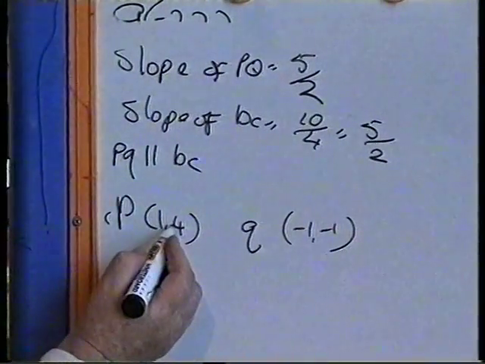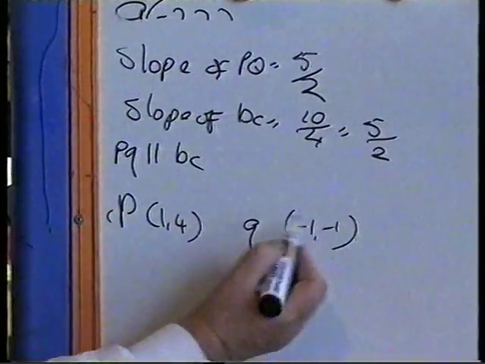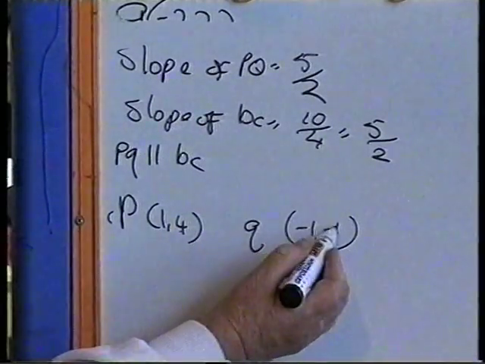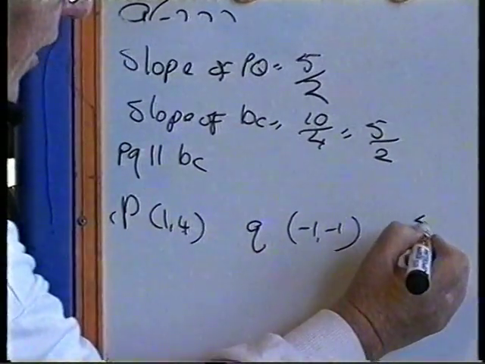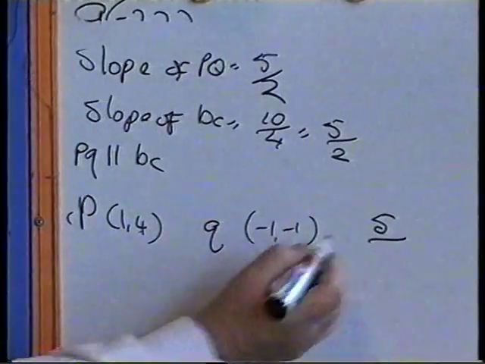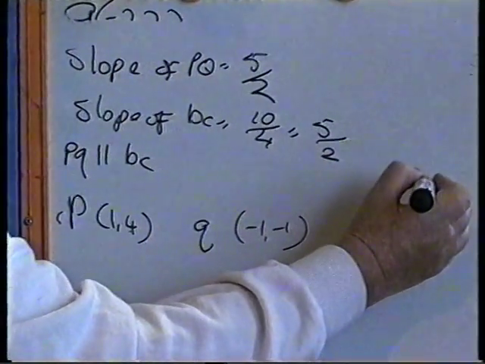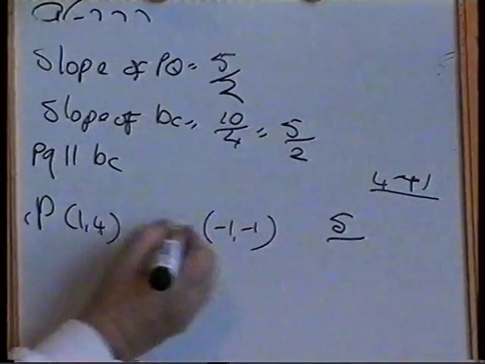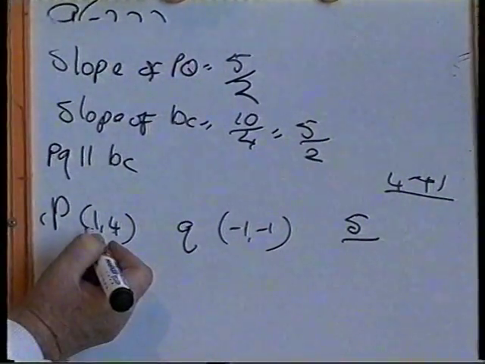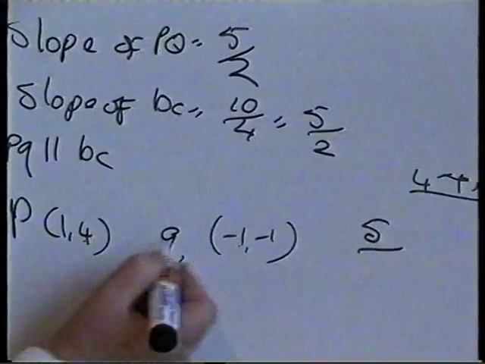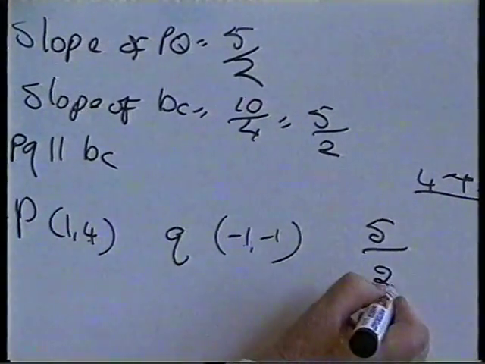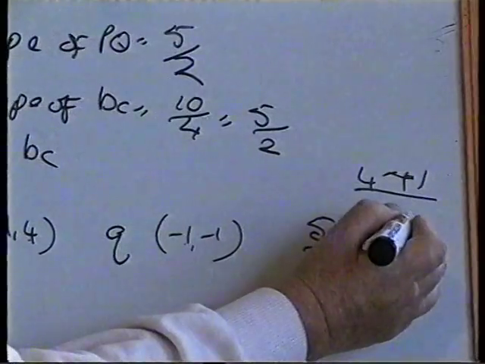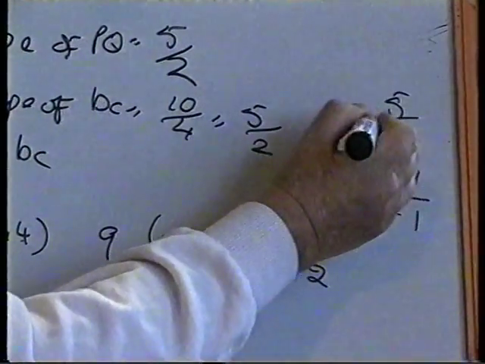From Q to P, from minus 1 to 4, you're going up 5. That's 4 minus minus 1, that's 4 plus 1. That's the difference of the y's. From minus 1 to 1, you're going across 2. That's 1 minus minus 1. So you get 5 over 2.